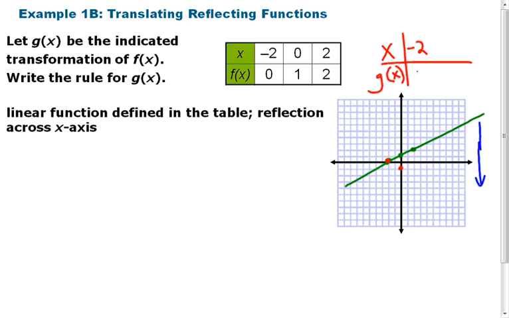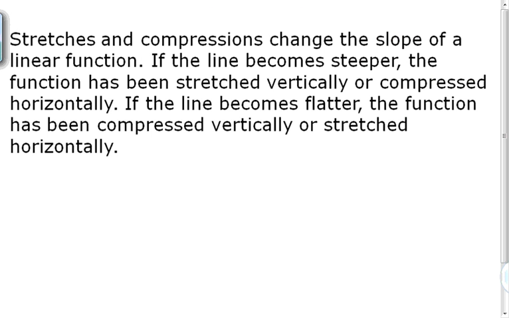At negative 2, it stays 0. At 0, it goes to negative 1. And at 2, it goes to negative 2. And we draw a line through those. And that is the reflection across the x-axis. Because remember, it just makes the y values negative. That's how it flips that around.